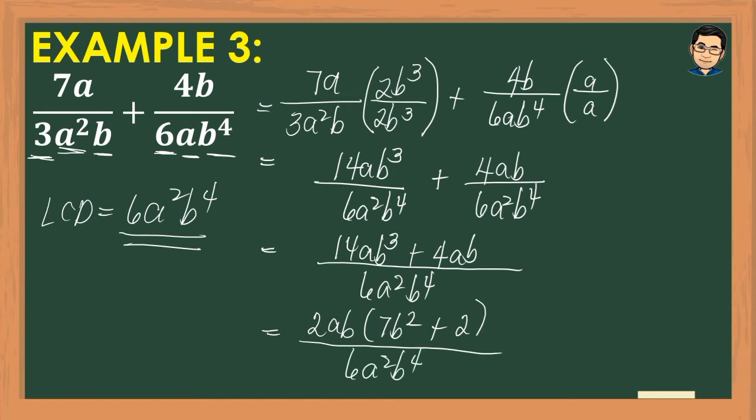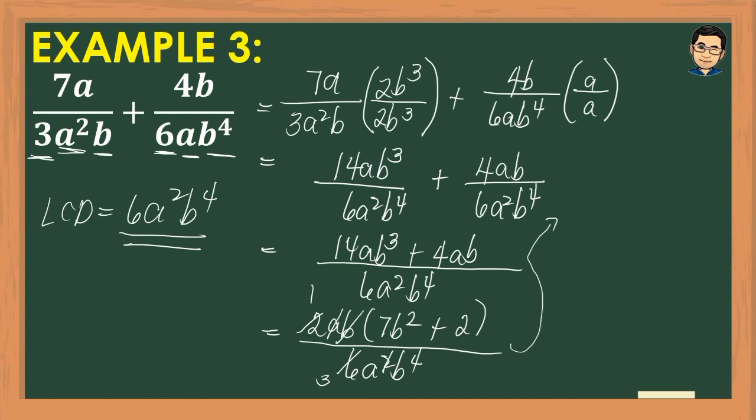And then, pwede nating i-cancel yung 2 tsaka 6. So, i-rewrite lang natin dito. So, pag i-cancel natin yung 2 tsaka 6, magiging 1 na lang ito. And then, yung 6, magiging 3. Yung a naman, sa 2ab, makakancel yon. And then, dun sa a squared sa baba, a na lang. And then, yung b sa numerator, makakancel.